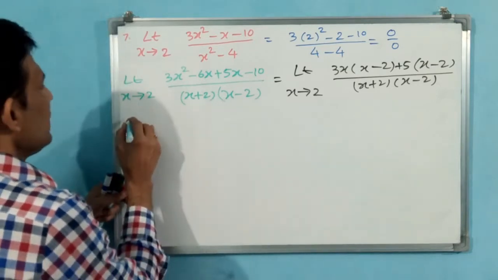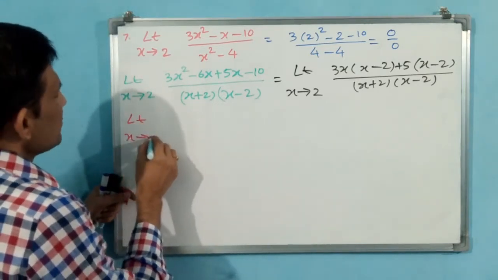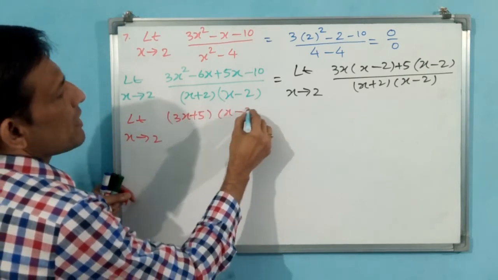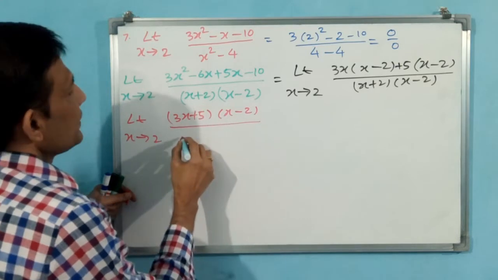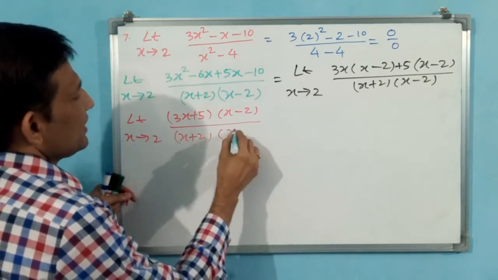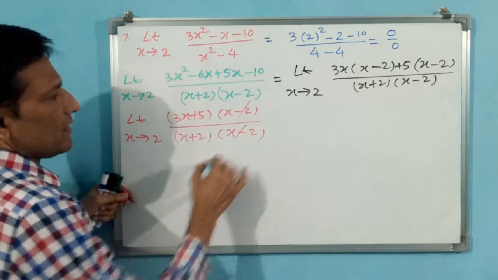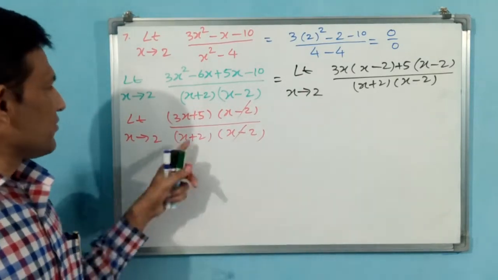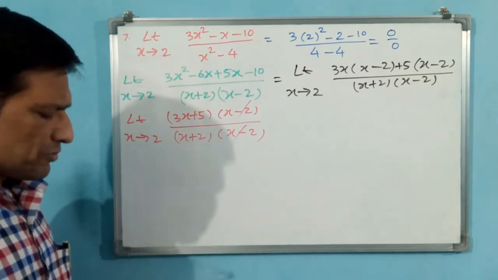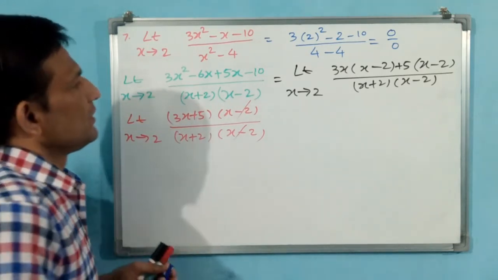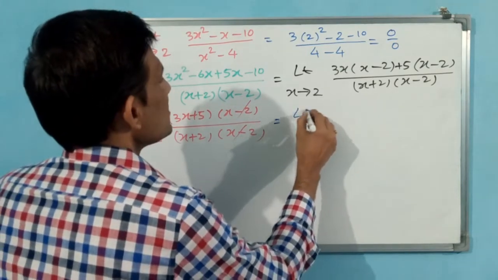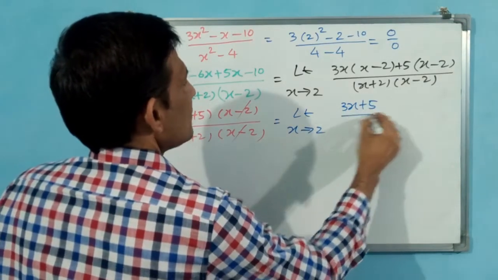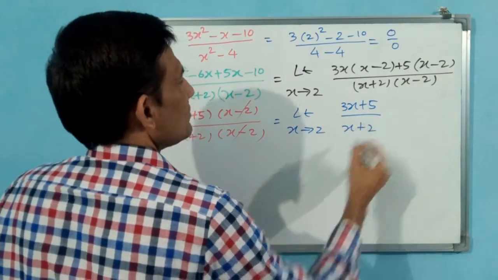Now, limit x tends to 2, 3x plus 5 into x minus 2 by x plus 2 into x minus 2. Now you cancel. Only numerator 3x plus 5, denominator x plus 2 is there. First write, then we substitute. That is equal to limit x tends to 2 of 3x plus 5 divided by x plus 2.